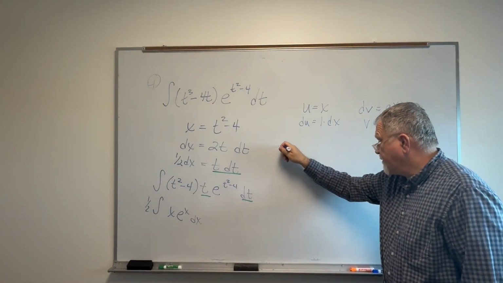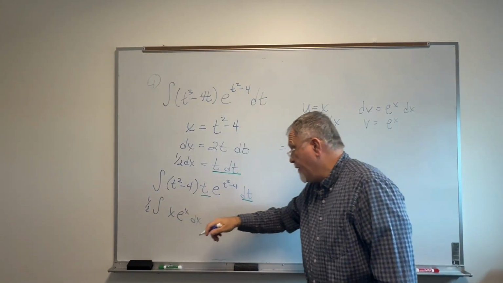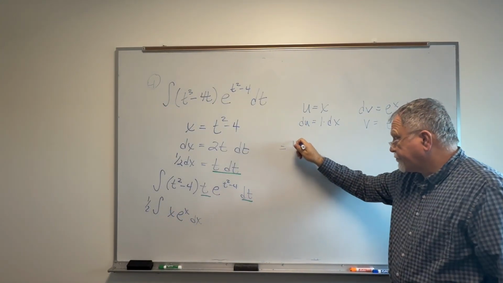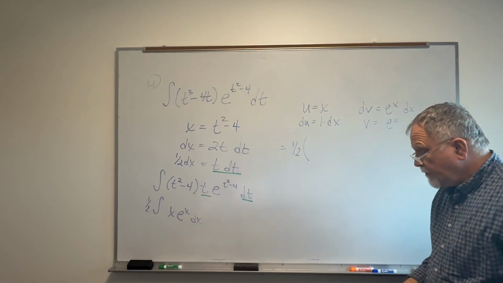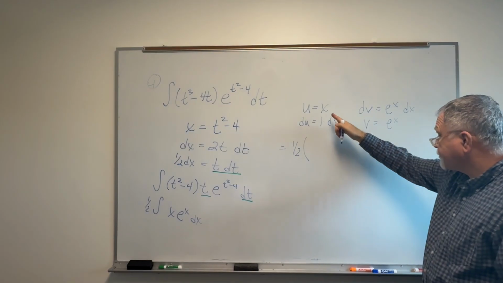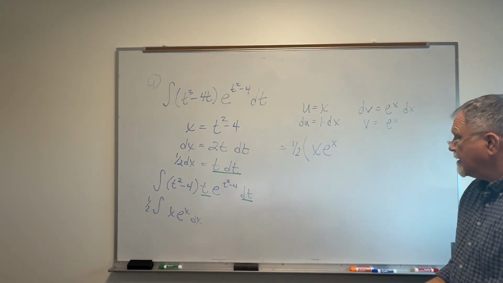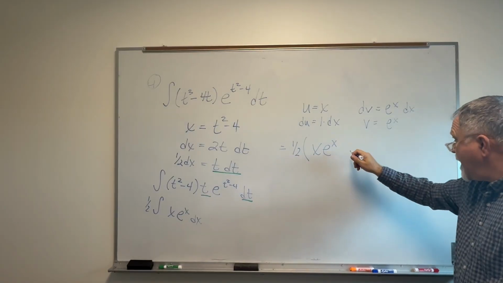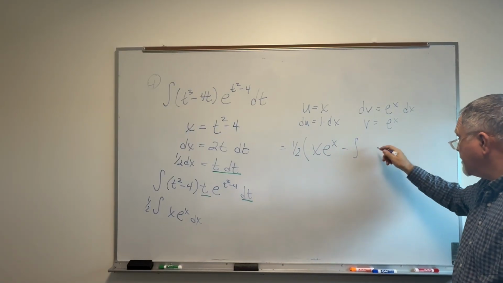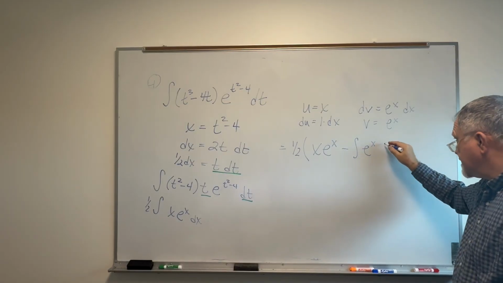All right, so I've got this whole integral. Make note that I've got that 1/2 out in front. We don't want to forget that. Okay, so this integral is u times v, so that's x e to the x minus the integral of v, which is e to the x, du, which is just the dx there.